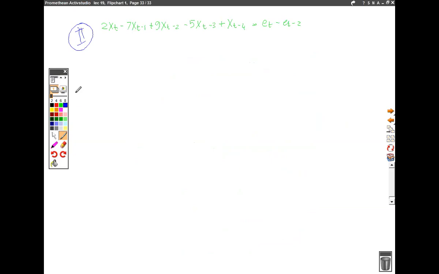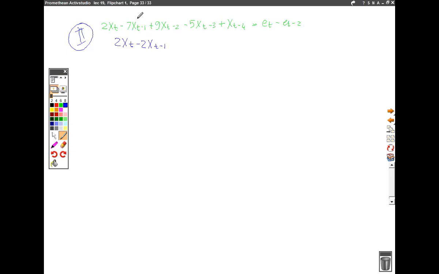So what I have here is 2x_t minus 7x_{t-1} plus 9x_{t-2} and so on. Now what I intend to do is maybe take these common. Just bear with me for now. I have 2x_t here, so to take it as common, I will take minus 2x_{t-1} out of these 7x_{t-1}s that I have.